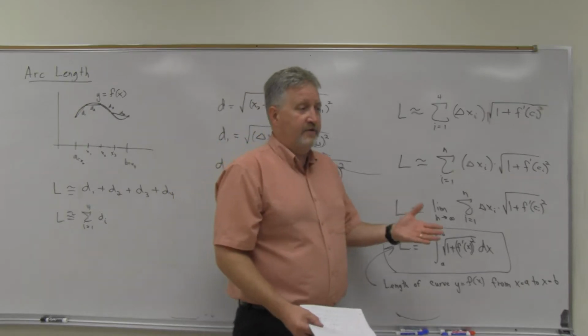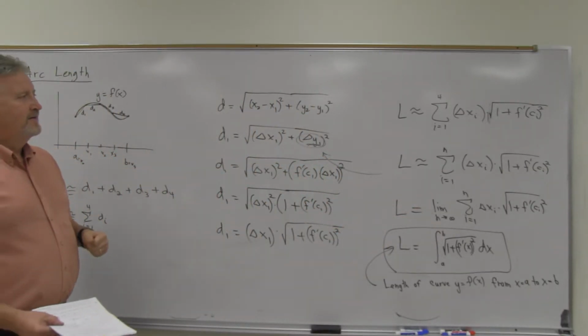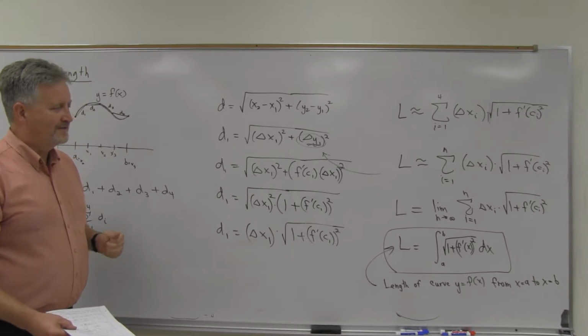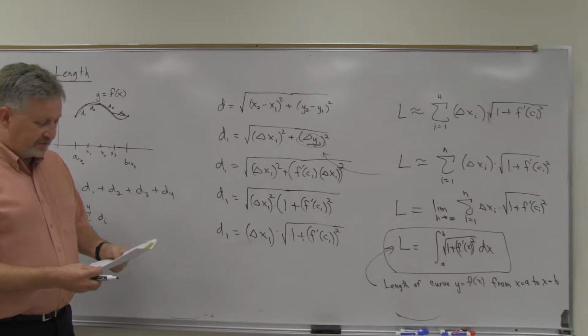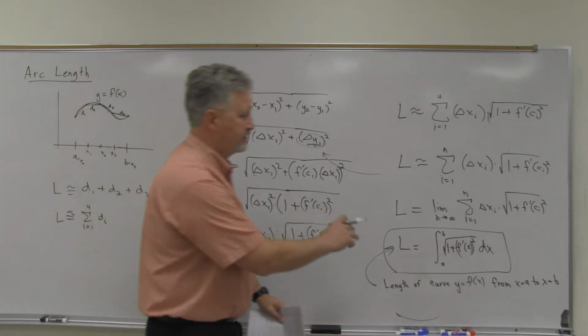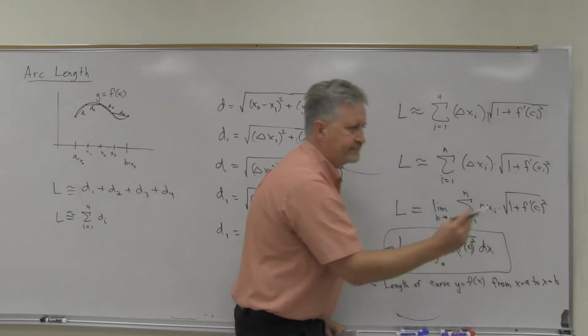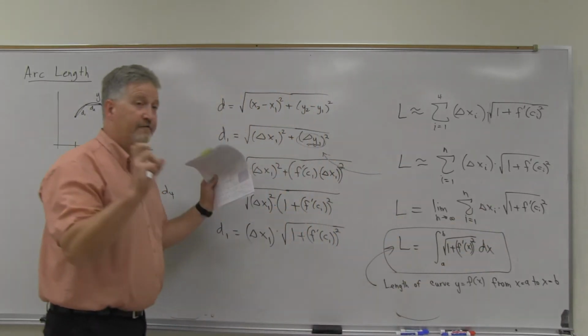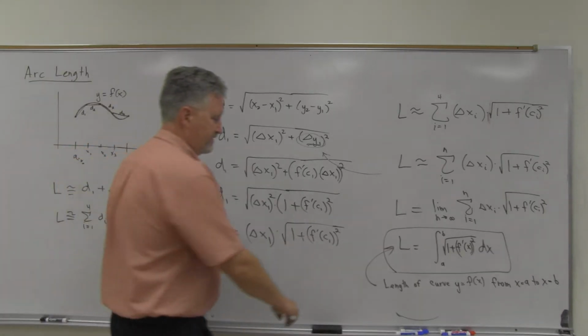We can always use approximate integration, since we just talked about that not too long ago. There are a few that we can handle, and here's our first one. But that's the formula: the square root of 1 plus the derivative squared. That's what you're going to integrate to find the arc length.